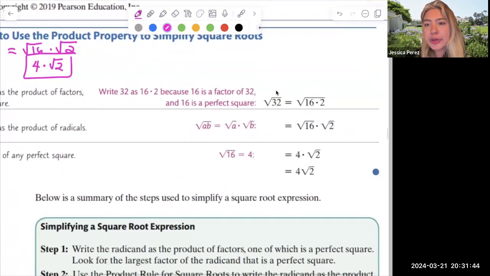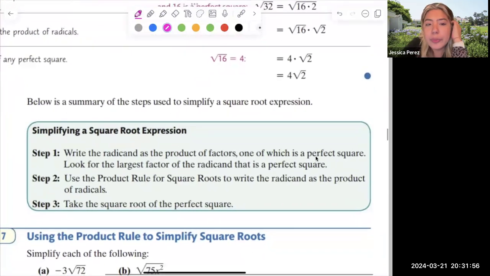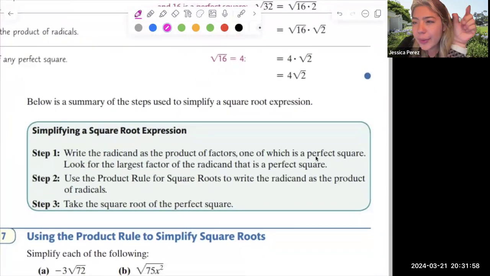So how we found it with 32: 16 times 2, we split them. The square root of 16, we know that's 4, and the square root of 2 doesn't have anything, so we're done. So how do we find it? We write the radicand, which means the inside of a root, as the product of factors, one of which is a perfect square.